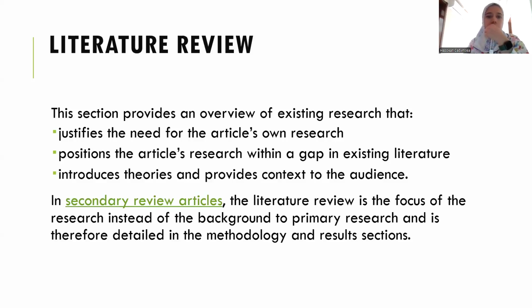In secondary review articles, the literature review is the focus of the research instead of the background to primary research, and is there for detailed methodology and the result section. So it means that we also have review papers. In review papers, the literature review is the main part of the research paper.